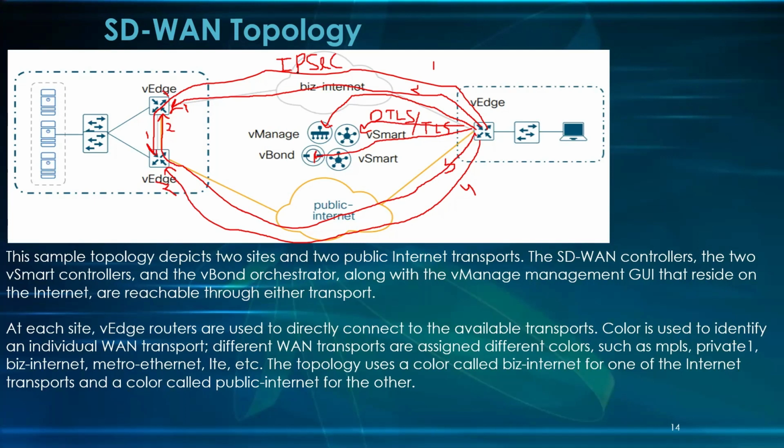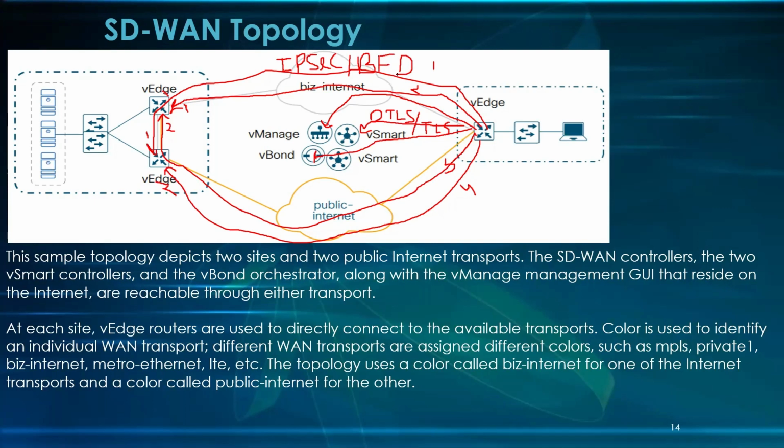Now, in addition to IPsec, it runs a BFD session. The same BFD which you use in other routing protocols to quickly converge on path failure. We call it Bidirectional Forwarding Detection.